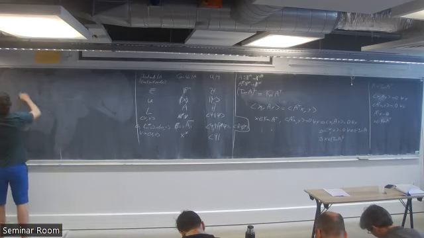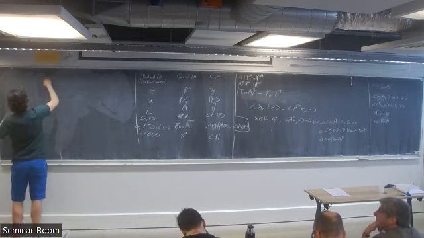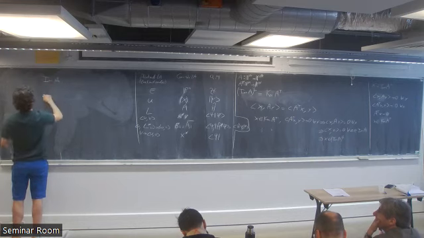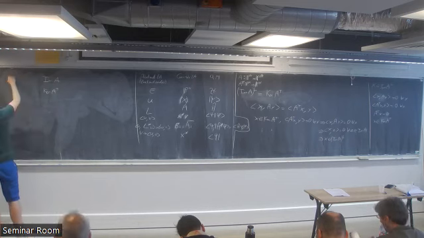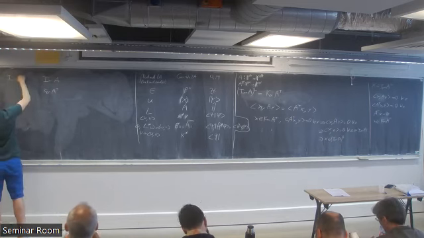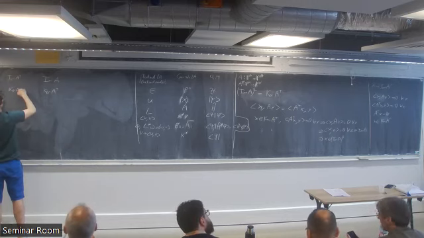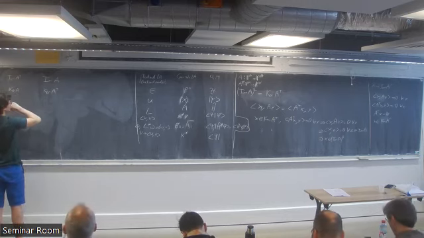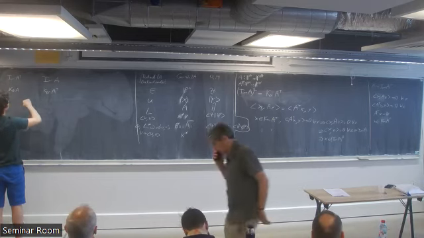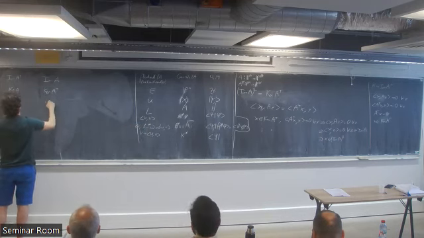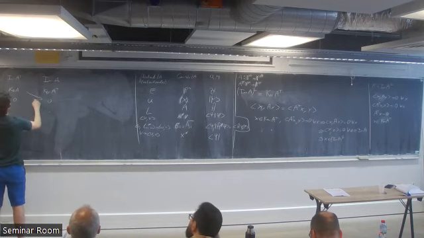So I can define the image of A, the kernel of A transpose. We write the image of A transpose, and here we write the kernel of A. So you have relationships like these.